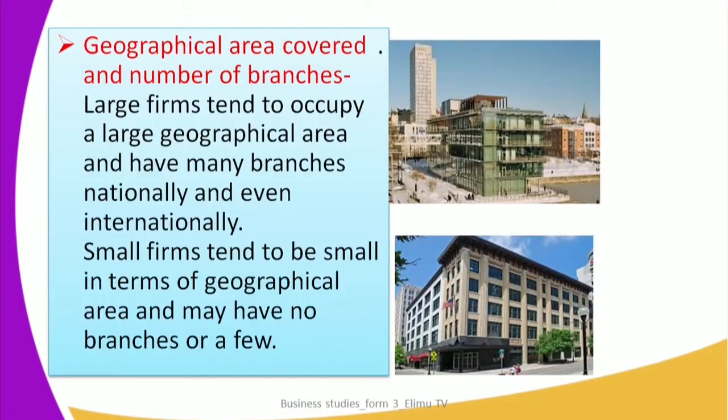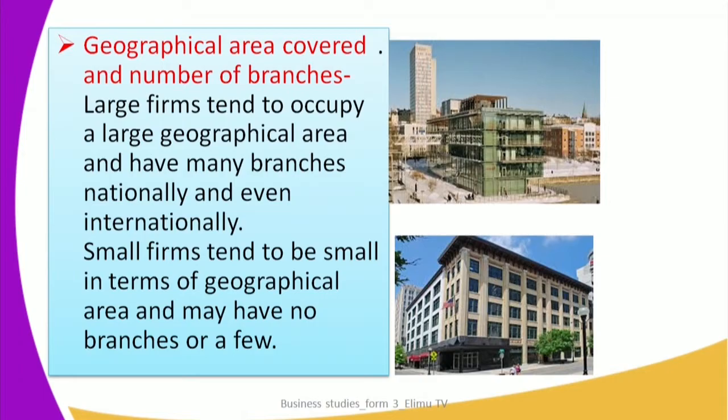We look at our next criteria, and our last criteria is the geographical area covered and the number of branches. Large farms tend to occupy a large geographical area, and they have many branches nationally and even internationally.